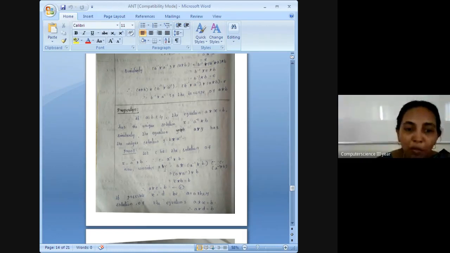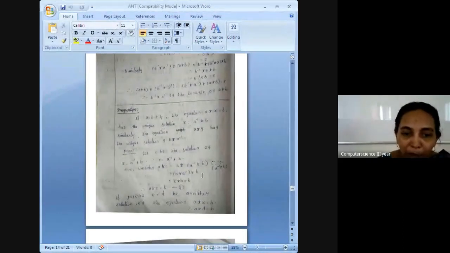So C is the solution of this equation, C equal to A inverse star B. Now consider A star C. Multiplying both sides by A, we get A star C equal to A star A inverse star B. This is pre-multiplying by A. We have taken A and B belonging to G, and G is a group, so the associative property holds.